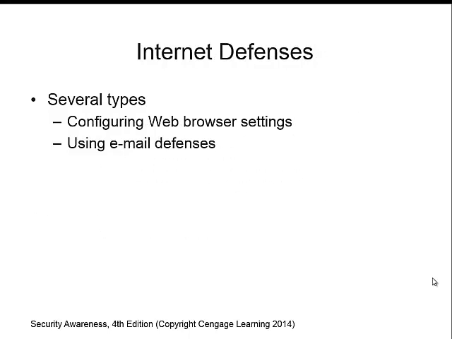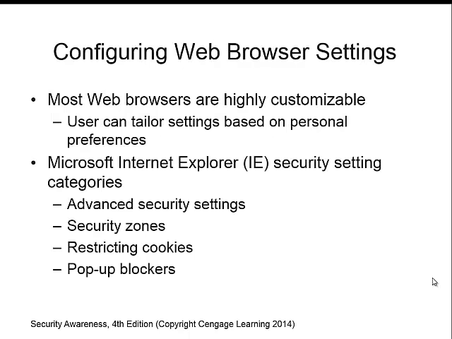Some internet defenses, there are several types. You can configure your web browser settings, and you can use different email defenses. When you configure your web browser, they are highly customizable, and you want to use the customization to fit your needs.